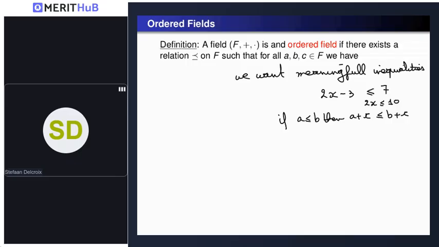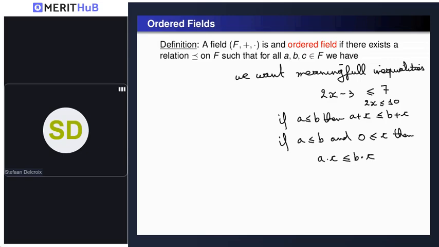If it's negative. So if A is less than or equal to B and C is positive, I'm not going to write bigger than or equal to because I only have less than or equal, and 0 is less than or equal to C, then A times C is less than or equal to B times C.